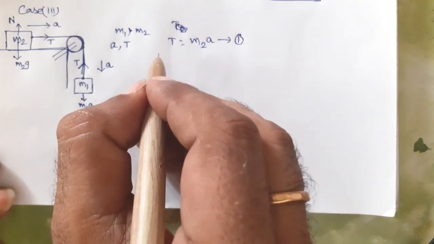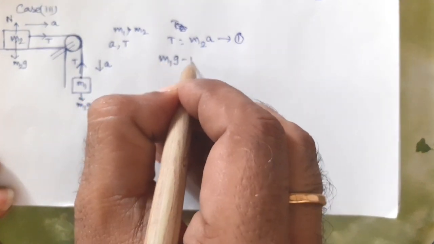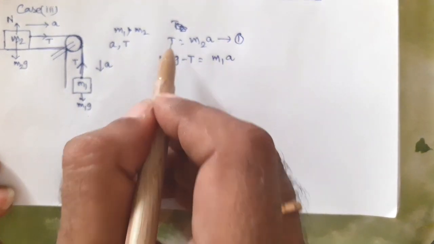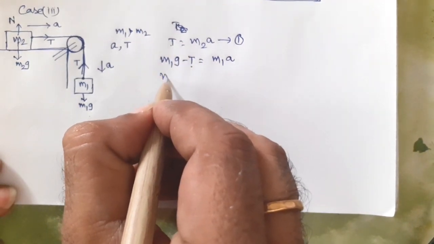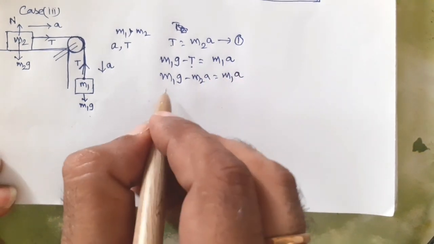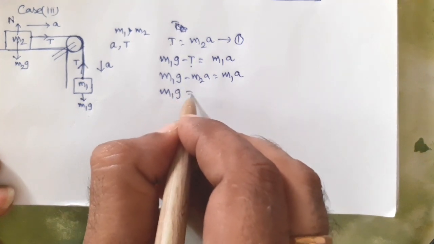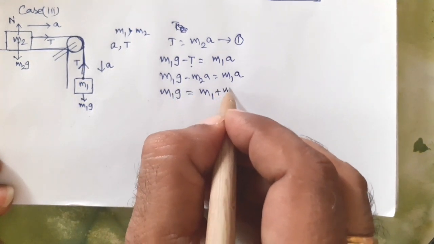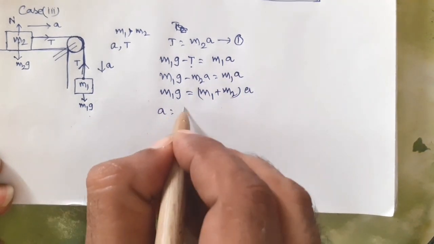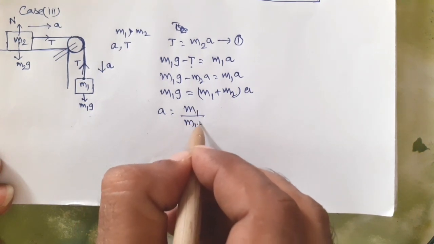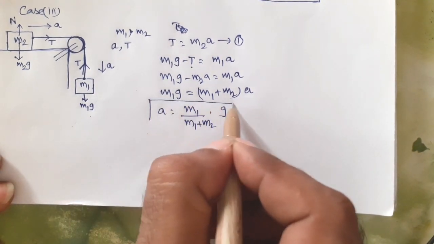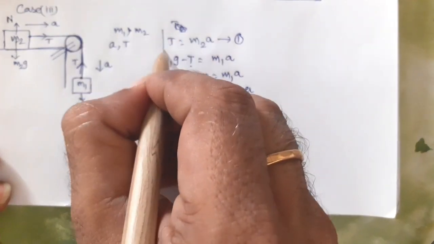Therefore the net force is m1g minus T is equal to m1a. Substitute this tension in this equation, that is m1g minus m2a is equal to m1a. To calculate the acceleration, rearrange the terms. This is m1 plus m2 into a, and a is equal to m1 by m1 plus m2 into g. This is the acceleration in this case, and the tension is this one.